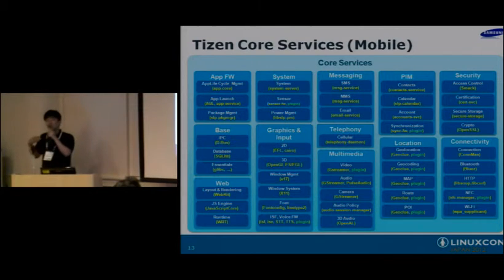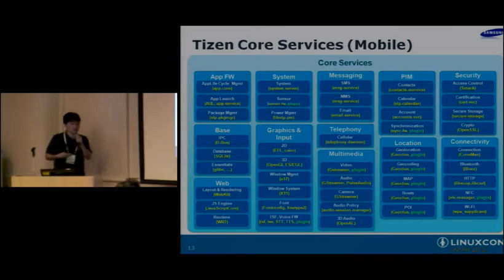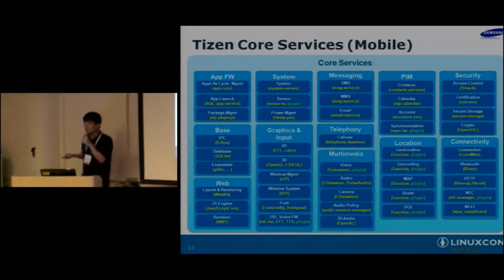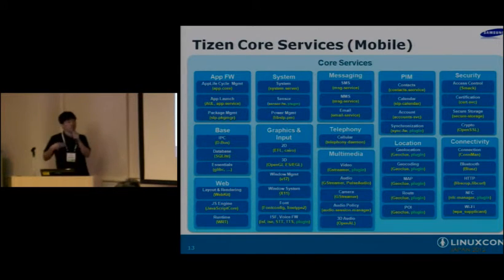You can take a look at what kind of core services are provided by Tizen, in more detail. We can start with the application framework, which takes care of application lifecycle management.